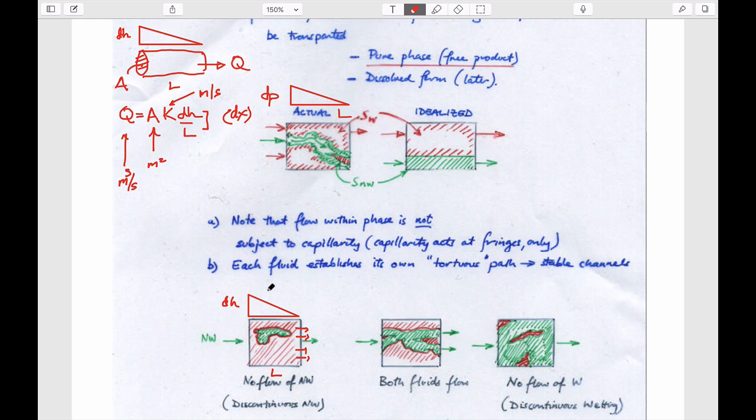If the wetting fluid is the red, then the wetting fluid saturation is probably 90%. And in this case, the non-wetting fluid might be 10%, because we know that when we add these two together, they have to sum to 100.